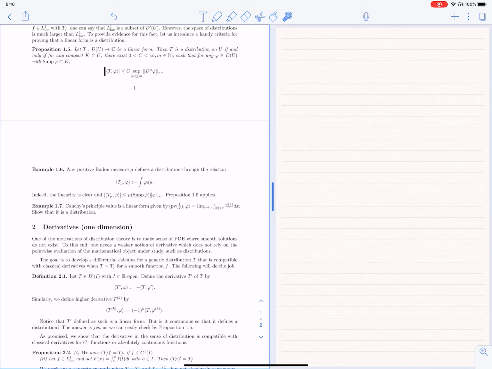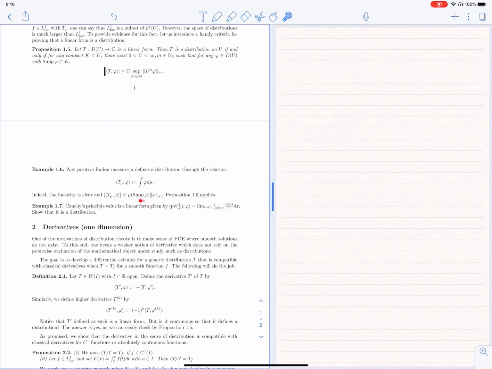Okay, and it will be a distribution, by realizing that the absolute value of T mu applied to phi is bounded by the measure of the support of phi. So this is a finite constant because the support of phi is a compact set, and the Radon measure has finite mass, assigned finite mass to all the compact sets.